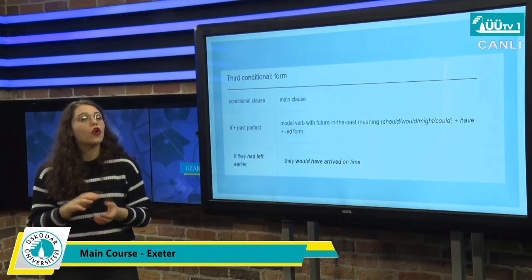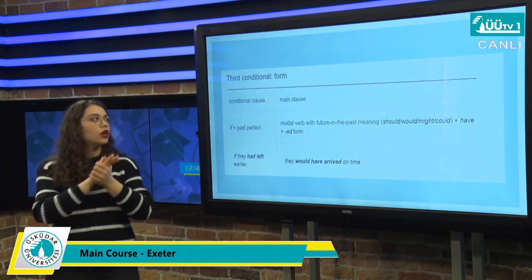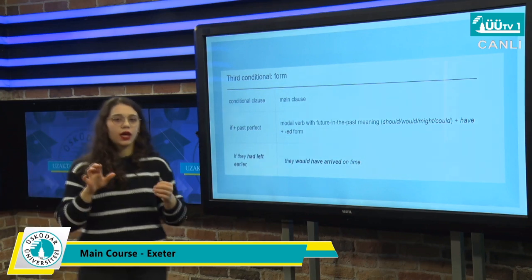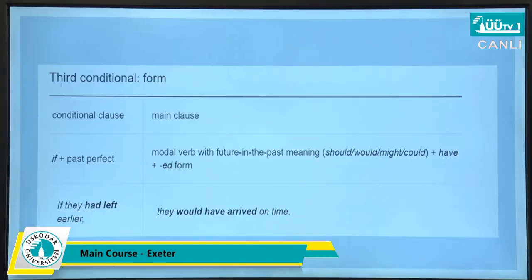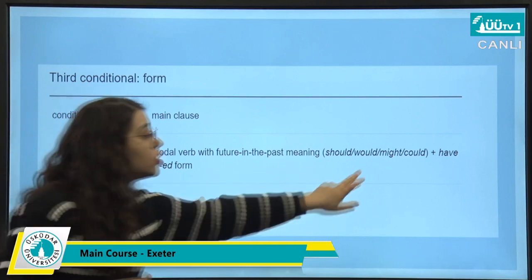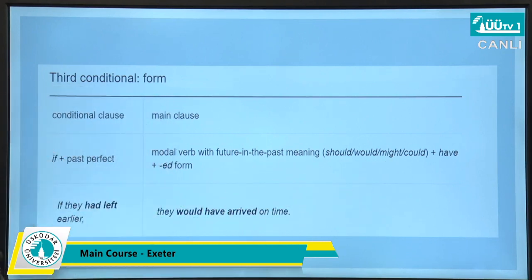So what is the form of this third conditional? The third conditional's form uses what we covered two weeks ago, the past perfect. In the if clause, we use if with past perfect, like if they had left earlier. In the main clause, we mainly use would, but we can use should, might, or could with have and past participle.